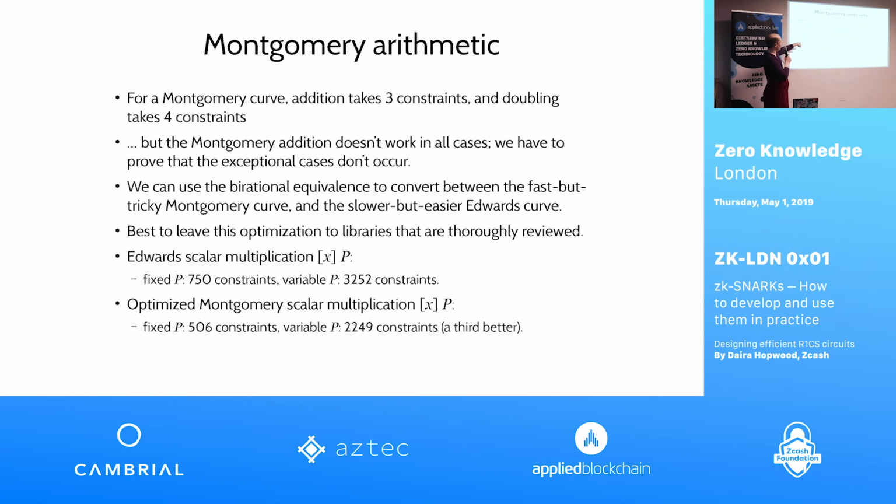Doing this kind of thing, you have to be an expert, but basically there will probably be libraries that you can use that have already done these optimizations, so you will only have to consider the higher level operations like, for example, scalar multiplication, which is what you use, for example, to generate a public key from a private key, and what you use for Diffie-Hellman key exchange.